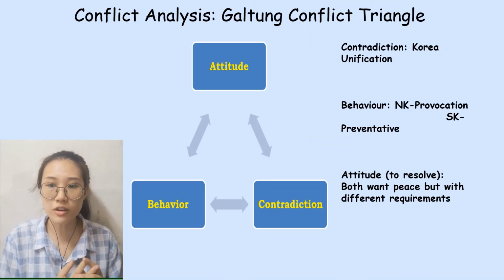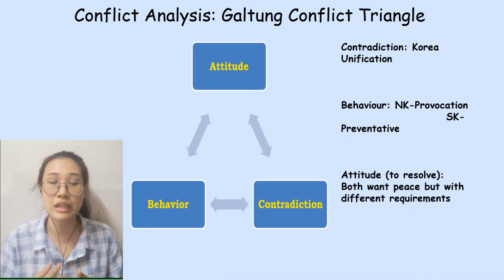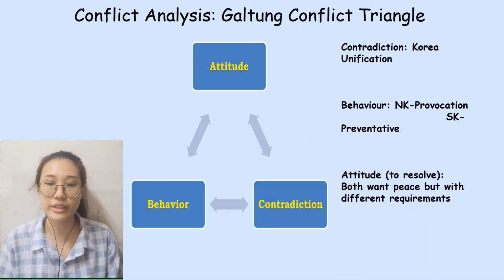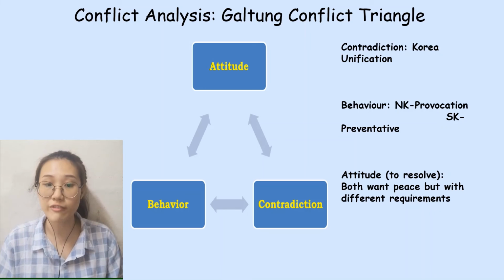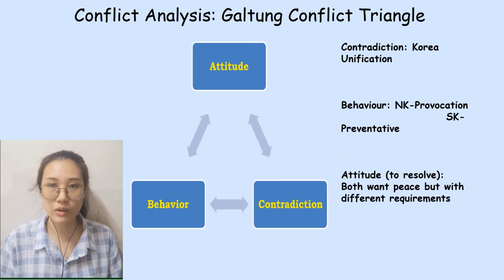South Korea's behavior is less offensive and usually takes an engagement policy. Their policy is more focused on preventive strategy, mostly in a defensive situation, but they will counterattack when necessary.